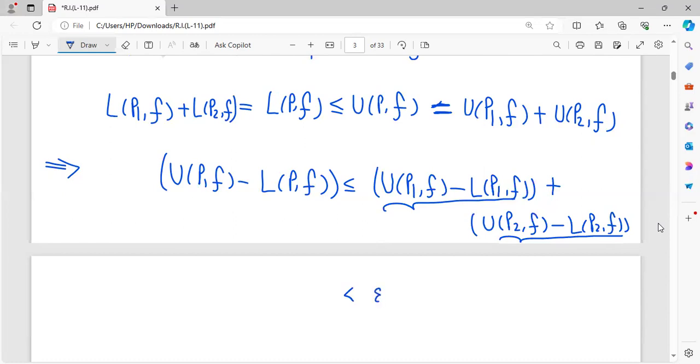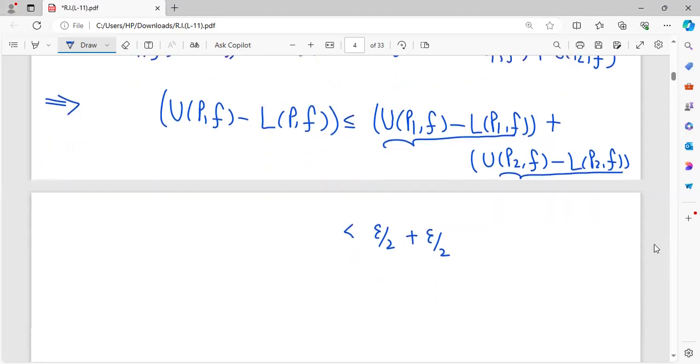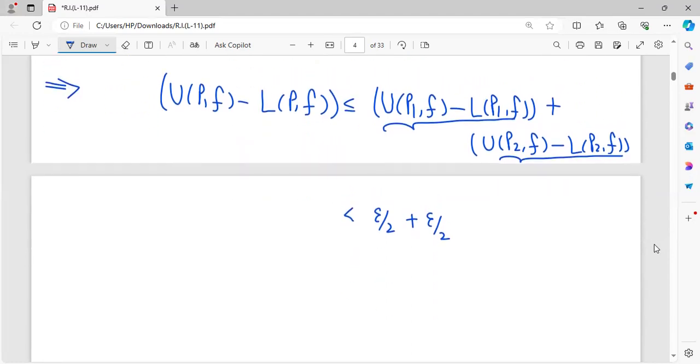So this implies U(P, f) minus L(P, f) is less than epsilon.